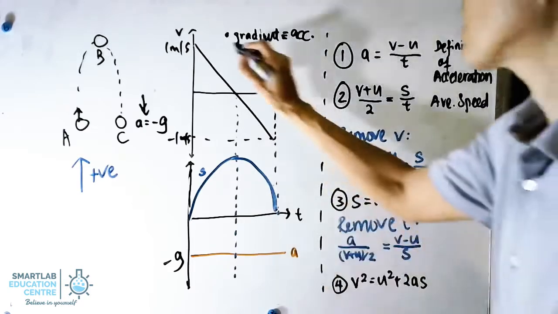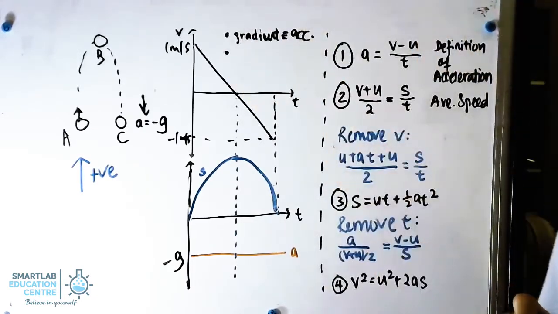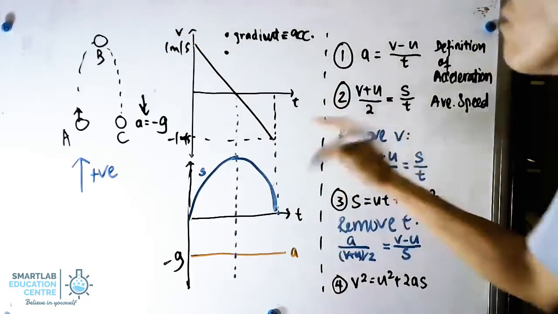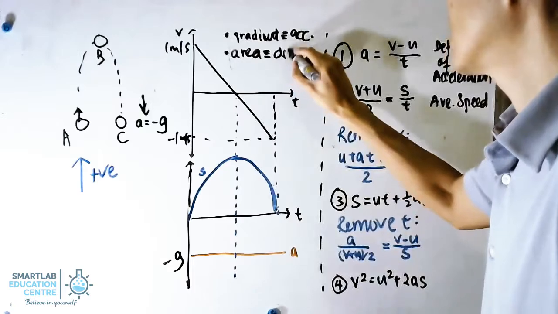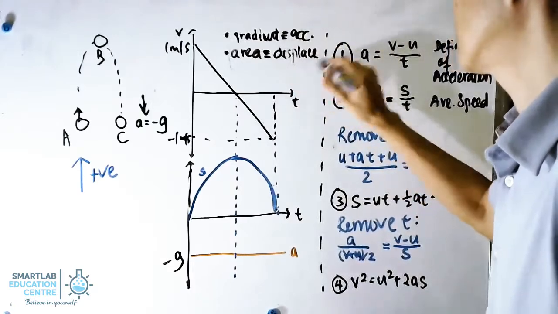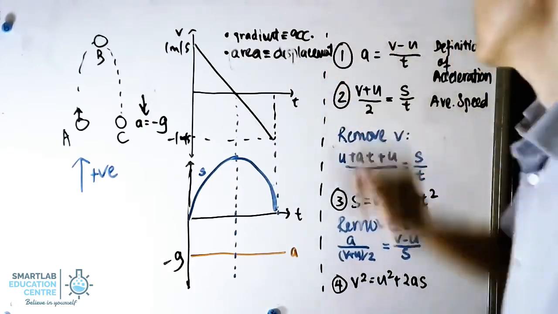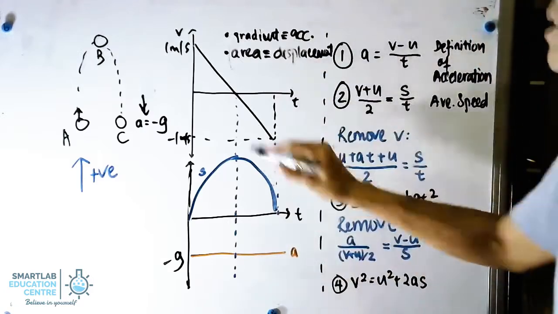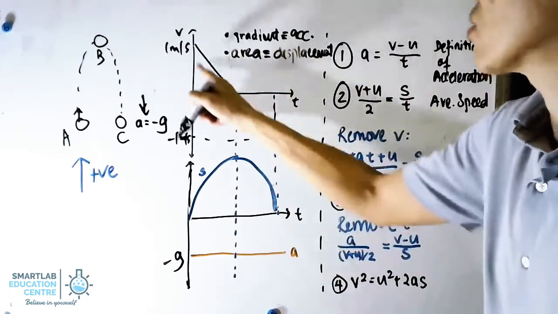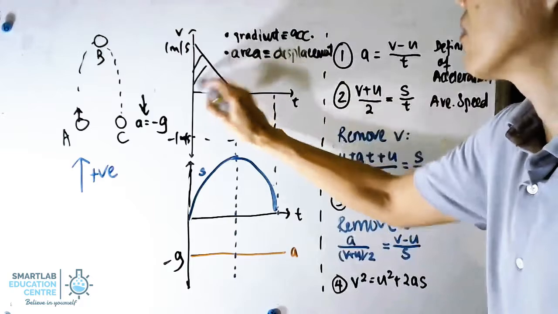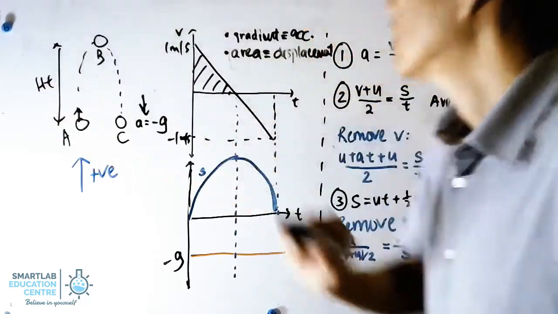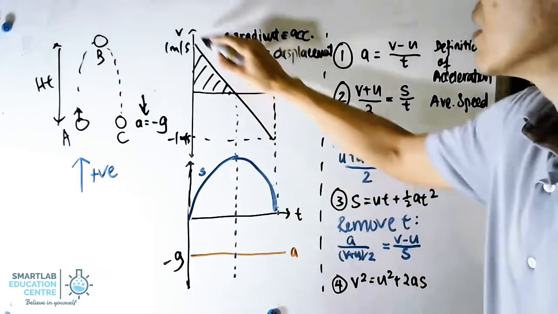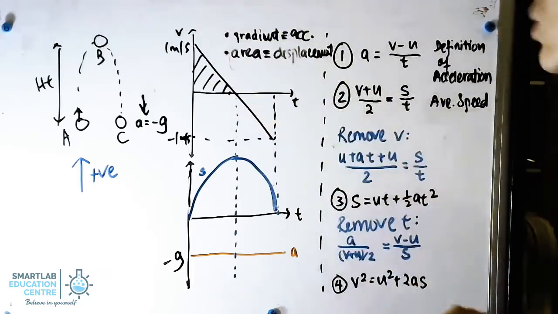Now we take a look at the displacement time graph. To do this, another thing to recap from O level is that on the VT graph, the area under the graph is the displacement. As you move further up, this area is in actual fact the height, and if you calculate the area, it will be positive.